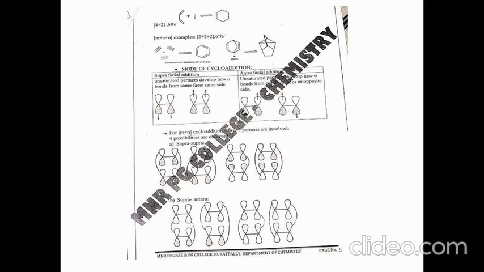If it comes in the question, then we should reply with a pictorial diagram representation, which is compulsory. Now antarafacial addition means here also we concentrate on only one component, and when that component participates in new sigma bond formation in cycloaddition, it uses two different lobes of the p orbitals, one above the plane and another below the plane.